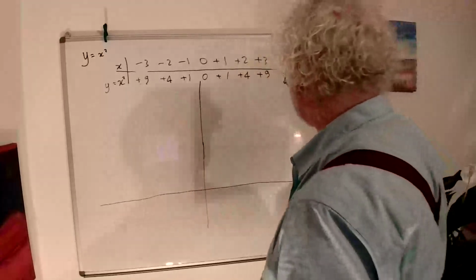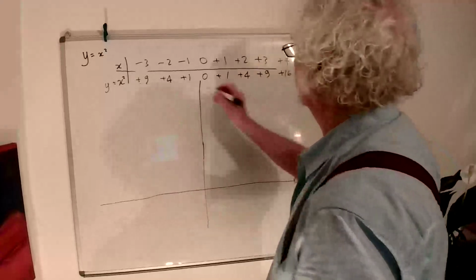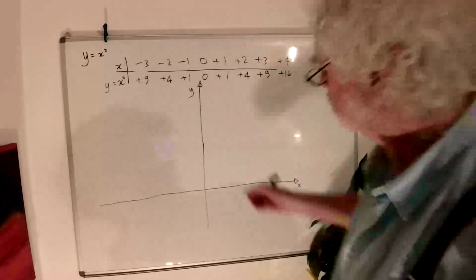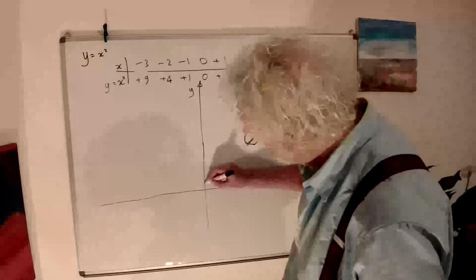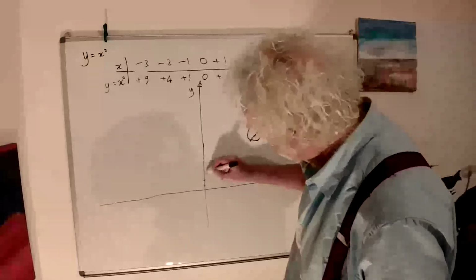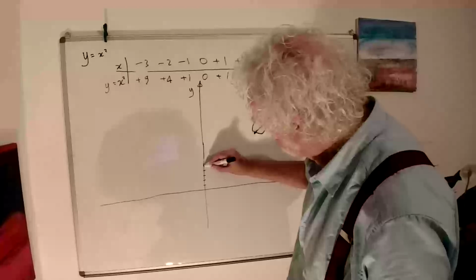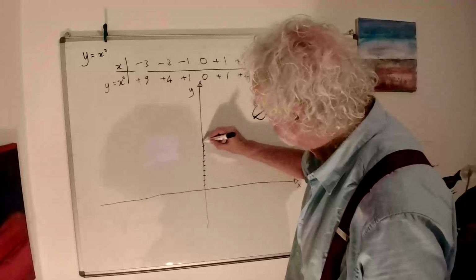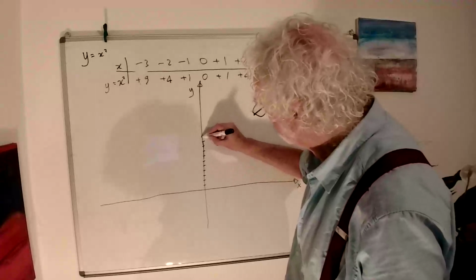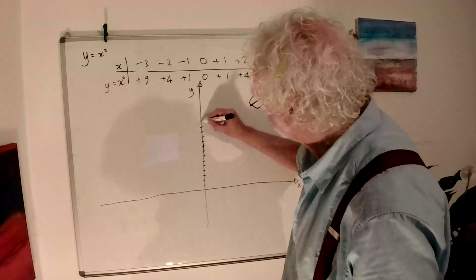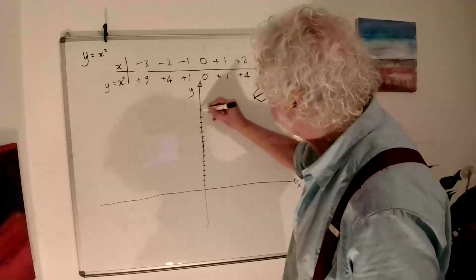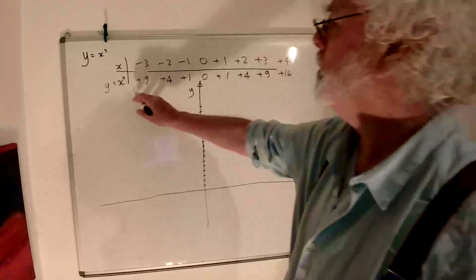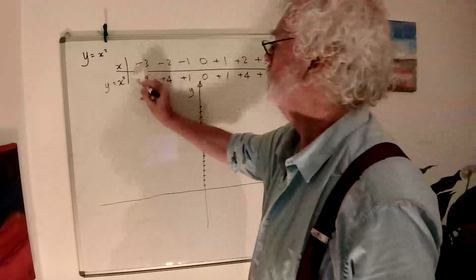Right, the y-axis, the x-axis. So 1, 2, 3, 4, 5, 6, 7, 8, 9, 10, 11, 12, 13, 14, 15, 16, 17.